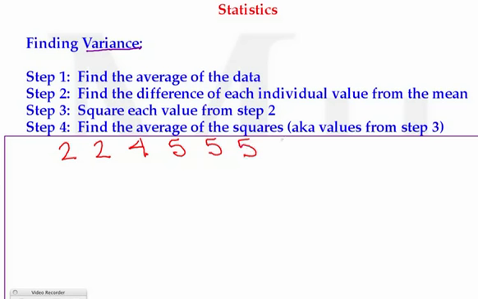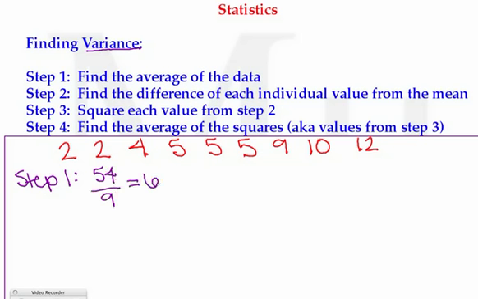So for this, our very first step, step 1, find the average. So adding all of these numbers up, dividing by how many numbers there are, which is 9. When you add them, you get 54. Divide that by 9, and you get 6. So there's our average.